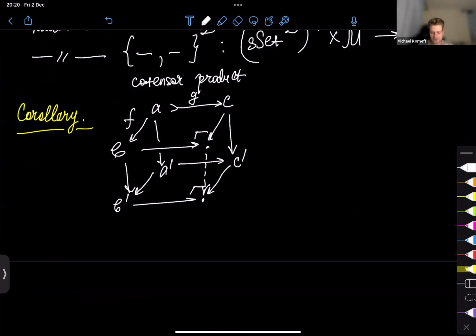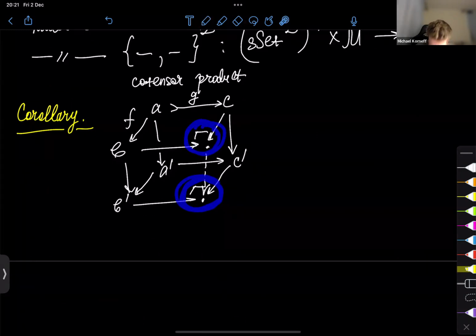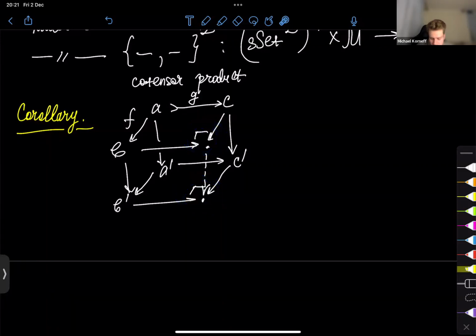And these facts produce that here we have a weak equivalence between the push-outs if we have weak equivalences between the push-out diagrams.